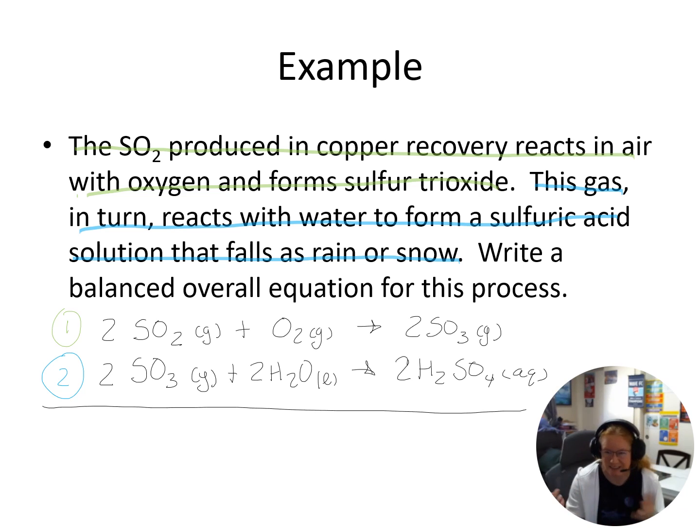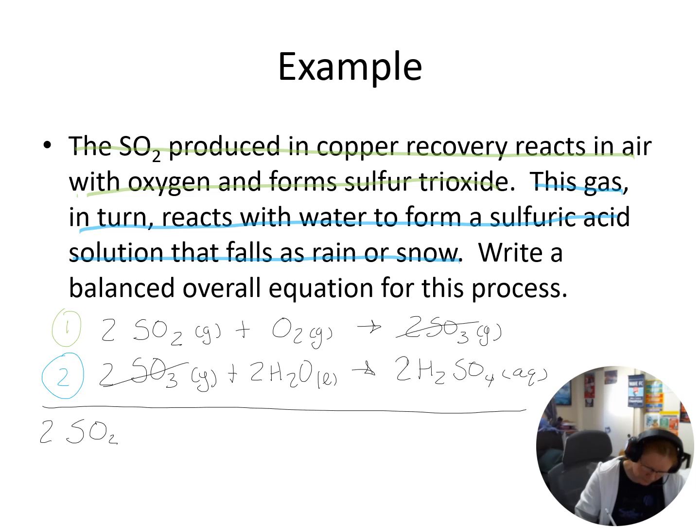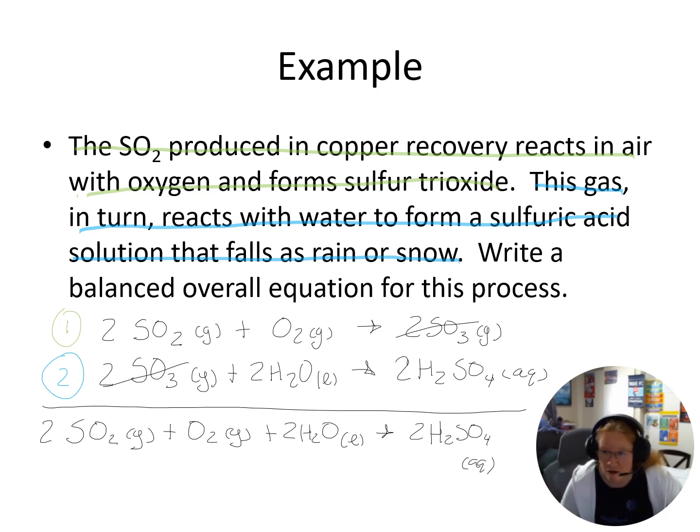Well, if something is a reactant and a product, it's going to cancel out, all right? Sulfur dioxide only shows up as a reactant, oxygen good, the water good, the sulfuric acid good. So our overall is going to look like this. All right, so there is our overall reaction.